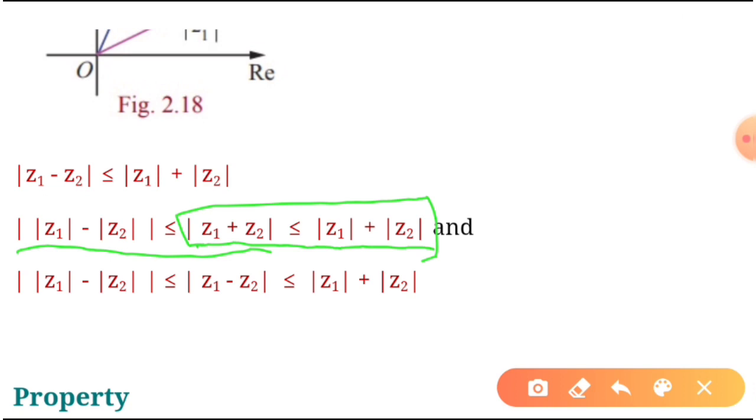So finally we take modulus of z1 minus modulus of z2 less or equal to modulus of z1 minus z2 is less or equal to modulus of z1 plus modulus of z2. So plus or minus doesn't matter, but this inequality is valid. Okay.